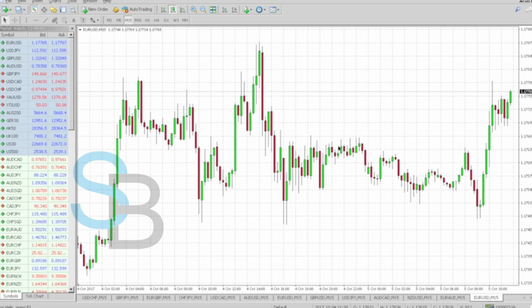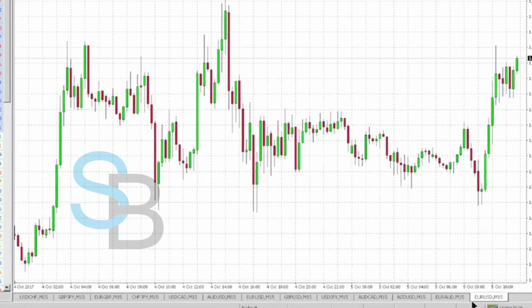Now, what I do is create tabs for all the different currency pairs: Euro USD, Euro Aussie, New Zealand dollar, Aussie CAD, dollar yen.